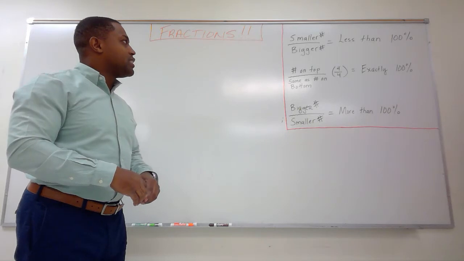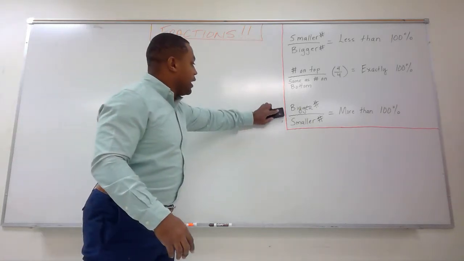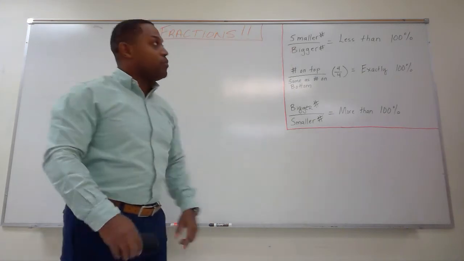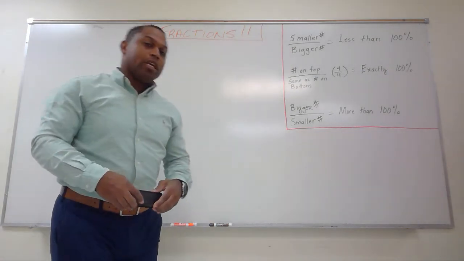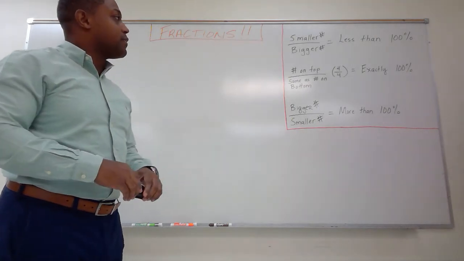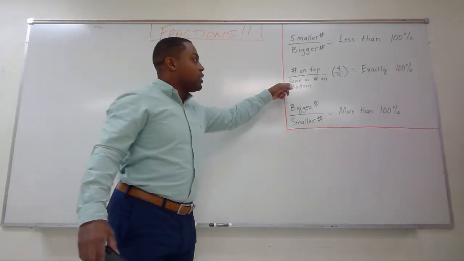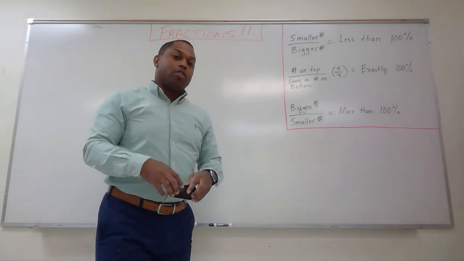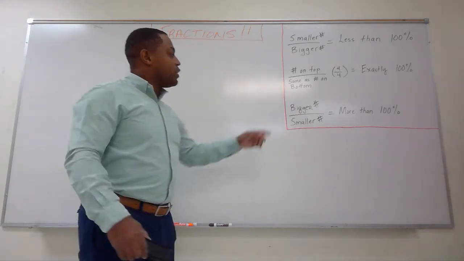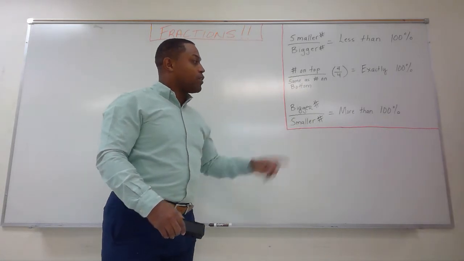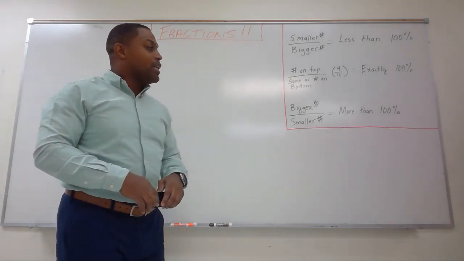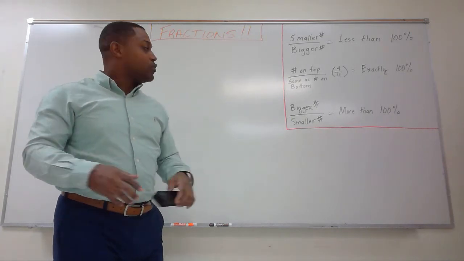What I mean is, in a fraction, if you have a smaller number over a bigger number, you're looking at a number that represents less than 100%. If the number on the top is the same as the number on the bottom, you have exactly 100%. And if the number on the top is bigger than the number on the bottom, you're dealing with a number that is more than 100%.